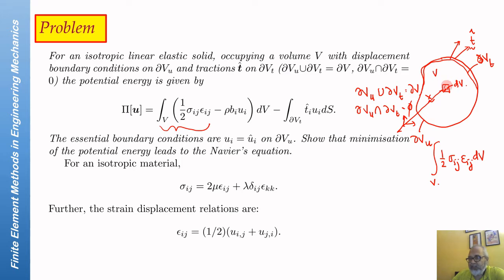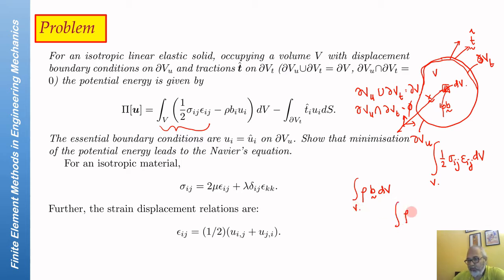At this location, there's a body force, which is a force per unit volume. We have taken force per unit mass. So rho B is the force per unit volume, and rho B times dV is the total body force acting on this small volume. Integrated over the volume, it gives you the total body force.